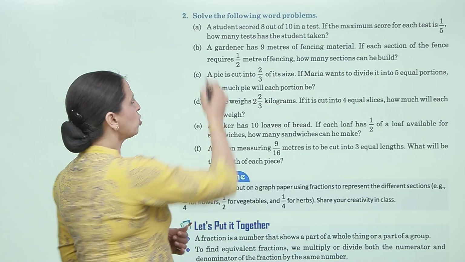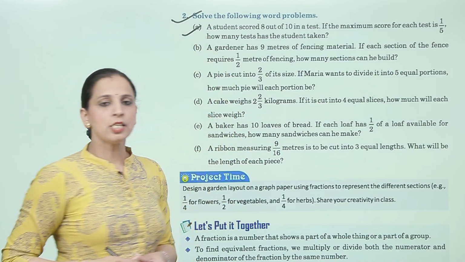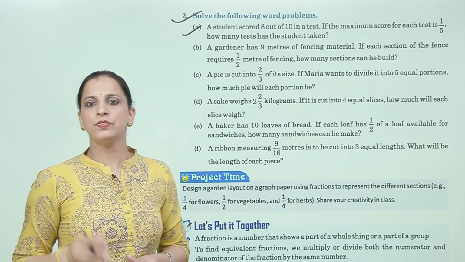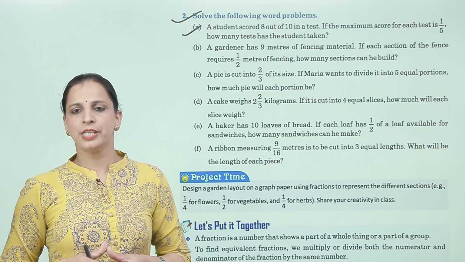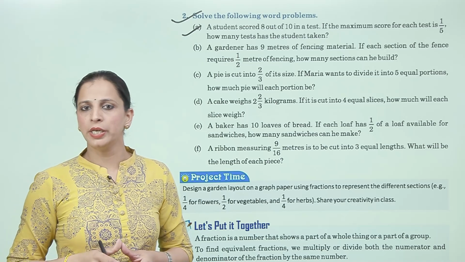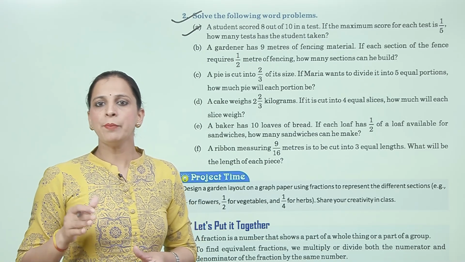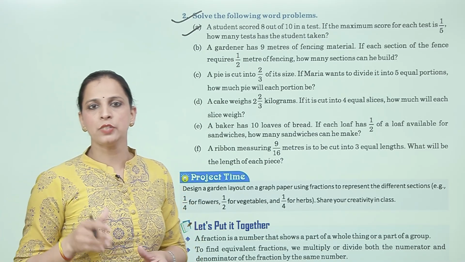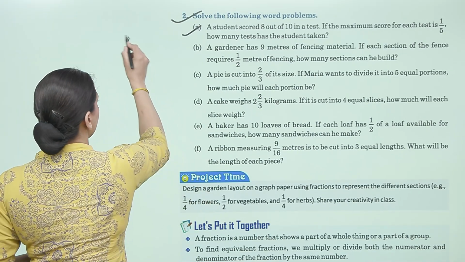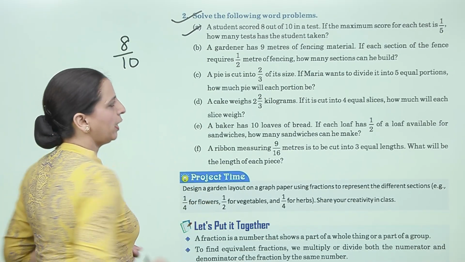Now question number 2, solve the following word problem. A student scored 8 out of 10 in a test. If the maximum score for each test is 1/5, how many tests has the student taken? A student scored 8 out of 10, which means 8/10, in a test.